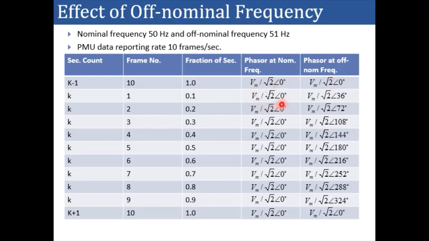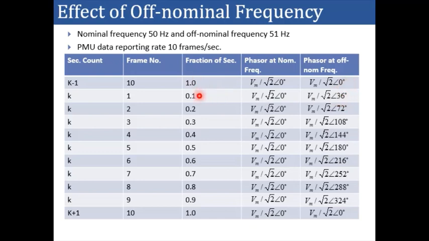Now when we take the first sample of the measurement, the nominal frequency angle will remain 0 degree because the frequency is same. But what will happen in case of off nominal frequency? The angle will rotate by 36 degree.